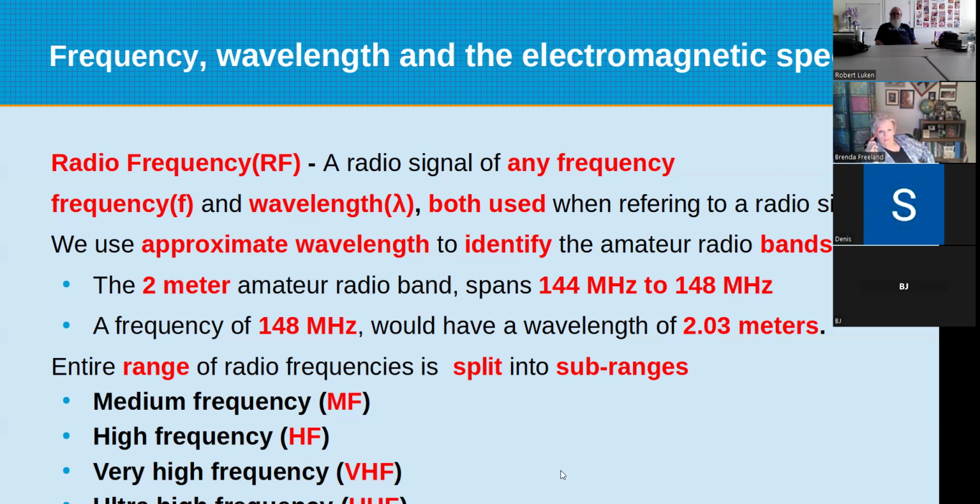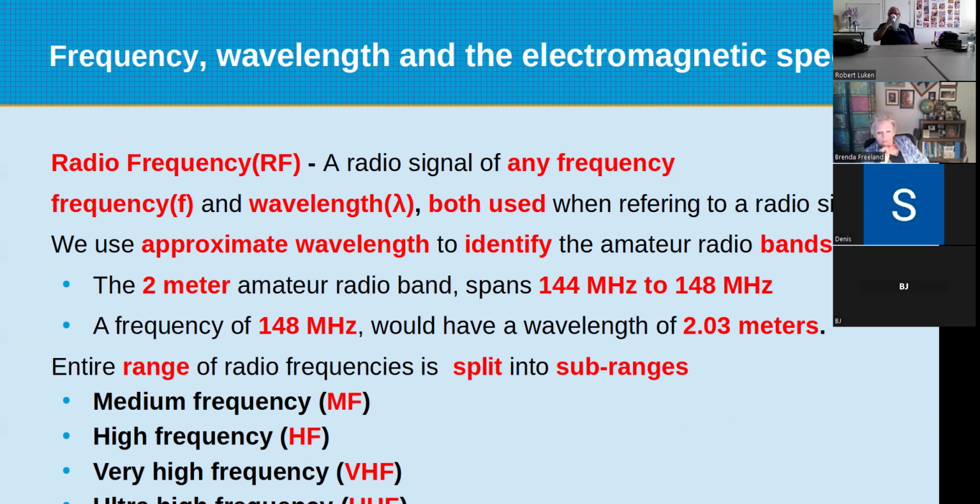We split the RF range up into groups or sub-ranges, they call them, where we have medium frequencies, high frequency, very high frequency, and ultra high frequency. As a technician, you're allowed to operate in the VHF and UHF frequencies.